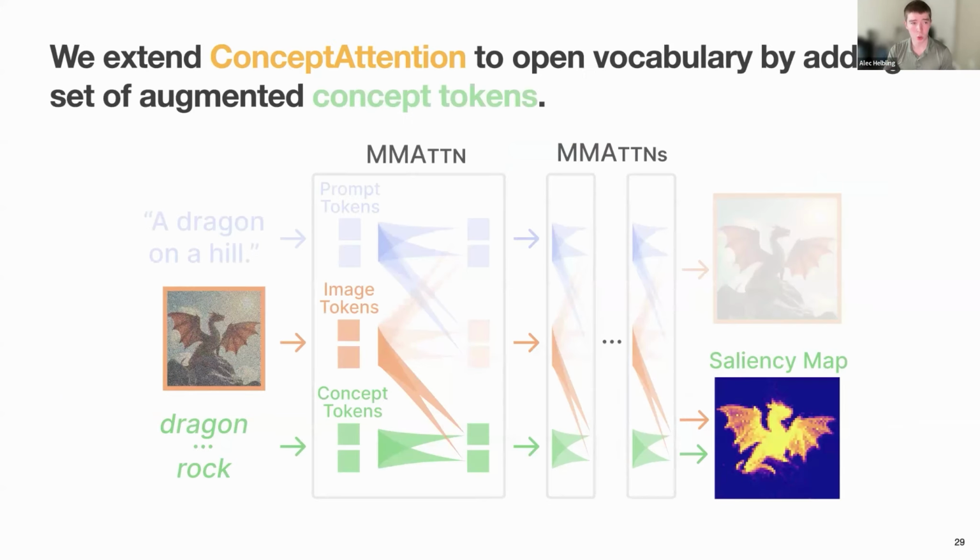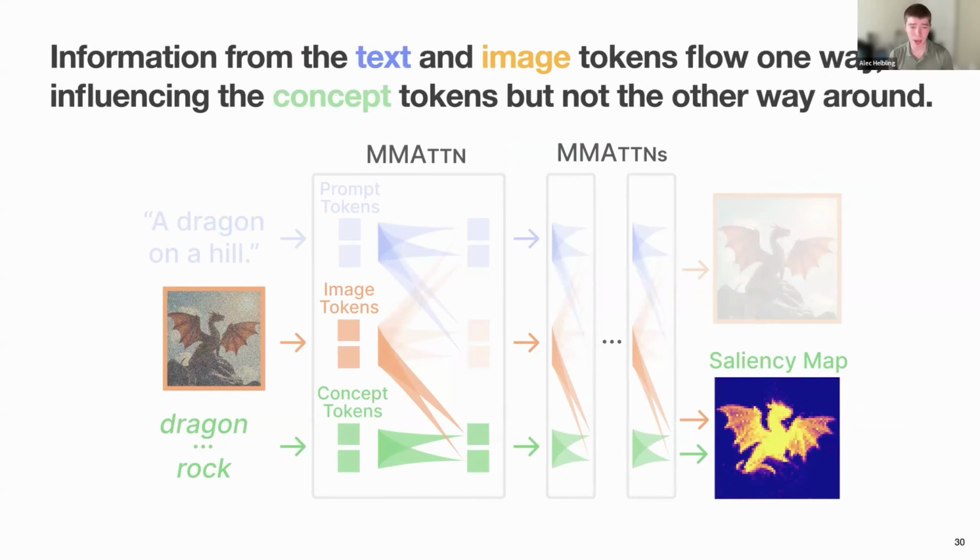And so we extended our approach to open vocabulary by adding a set of these augmented concept tokens, which are treated basically as text tokens because they correspond to text concepts. But we only allow the information in these attention layers from the prompt and from the image to influence the concept tokens, but we don't allow the concept tokens to influence the image at all.